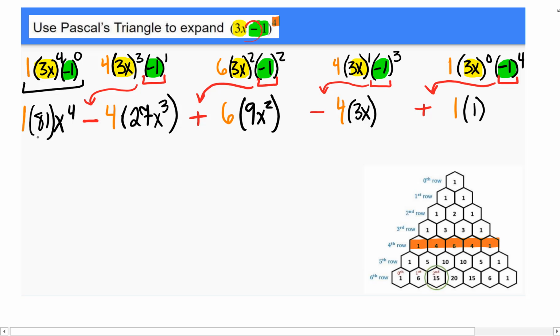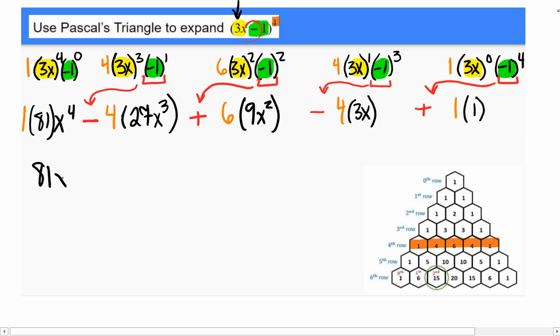Let's do the rest of the simplifying by multiplying any numbers that we have left. So as you can see, the orange numbers are the numbers in the fourth row of Pascal's triangle, but they will not be the end result coefficients because of the coefficient of 3 on the x.